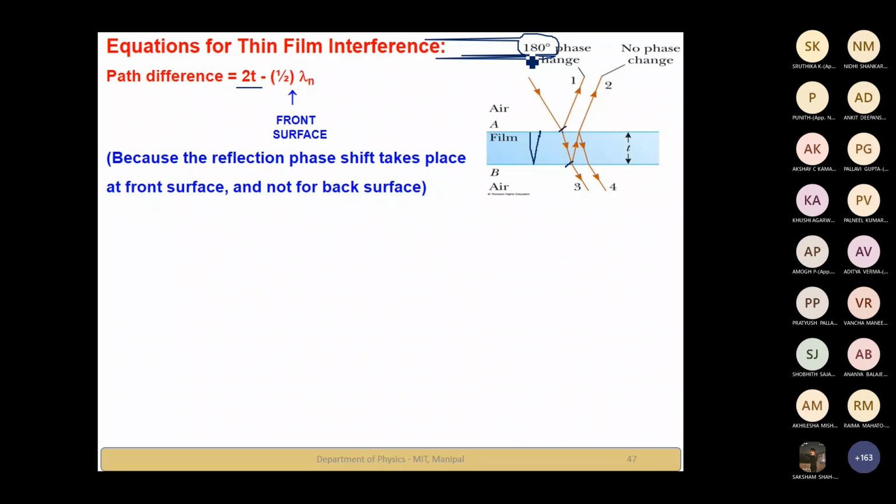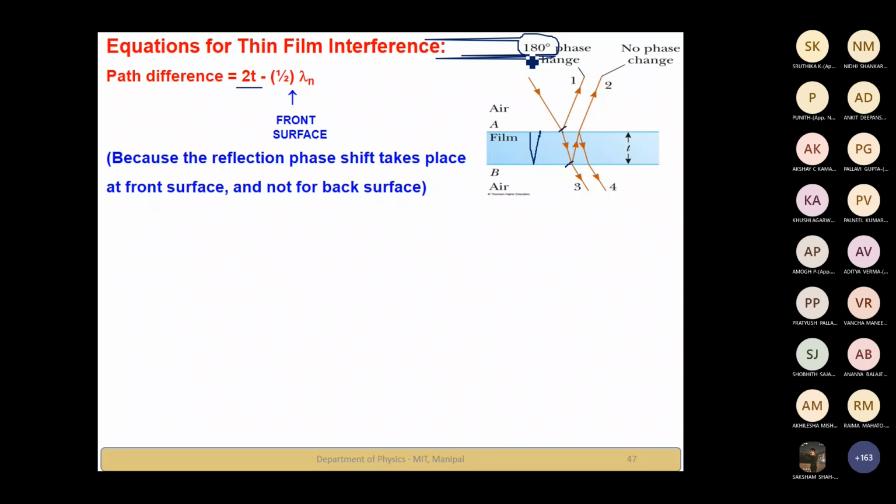So please note, this equation is not the final. Depending upon each problem, you need to look at the problem and write the set of equations. The simple way I would suggest is, first you can straight away write 2nt.